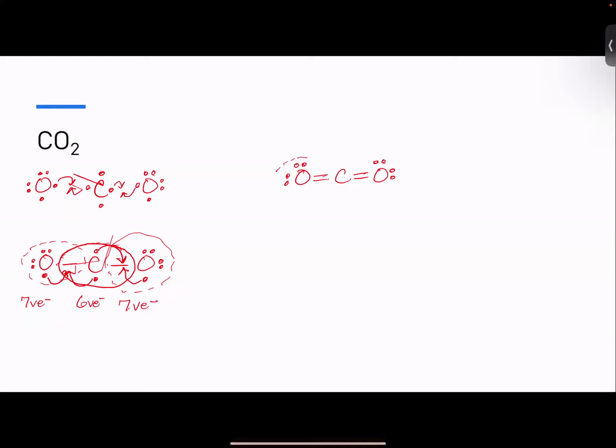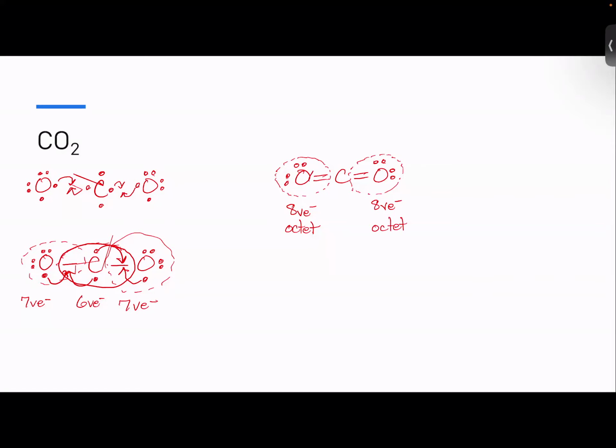Now, if the oxygen on the left views its electrons, it has a double bond, which means there are 4 electrons, and there are 4 electrons in lone pairs, so this views itself as having an octet. The oxygen on the right also views itself as having 8 valence electrons, 4 electrons in the double bond, and 2 lone pairs. Therefore, it also has an octet.